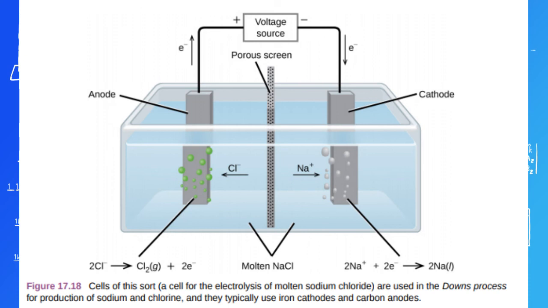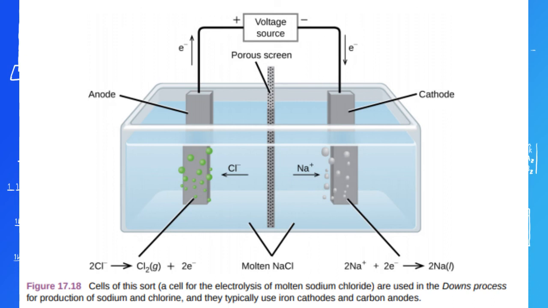So in this example, it looks like we're separating sodium and chloride ions to get pure sodium metal and pure chlorine gas. The chloride ions are attracted to the positive anode. They give electrons to the anode and, well, they get oxidized.